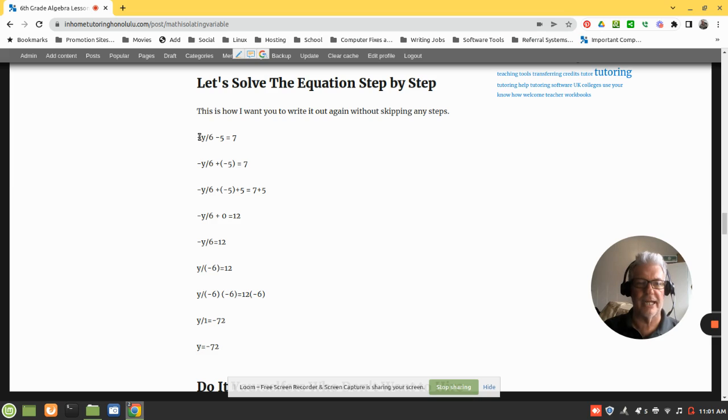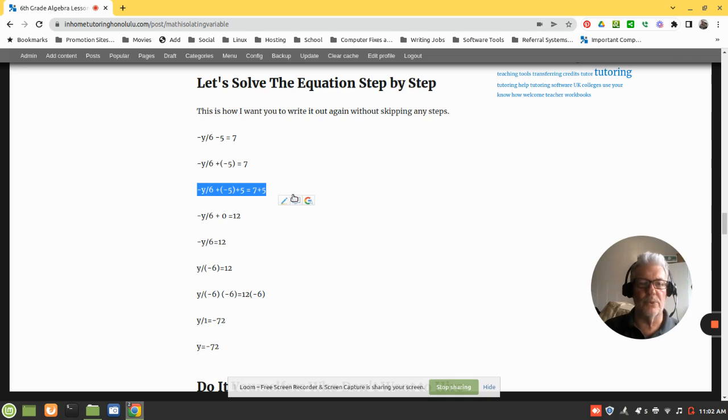Okay, so let's take a look at it. Negative y divided by 6 minus 7 equals 7. Negative y divided by 6 plus negative 5 equals 7. Negative y divided by 6 plus negative 5 plus 5 equals 7 plus 5.